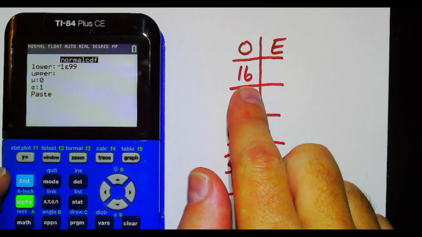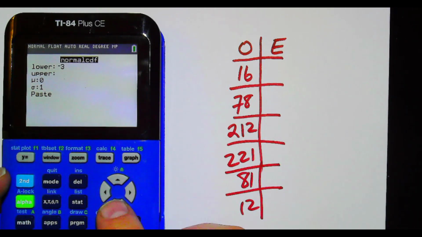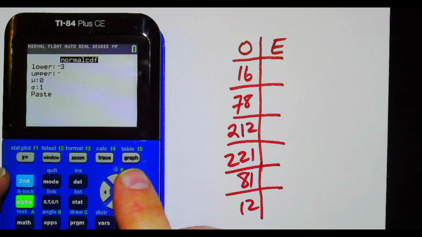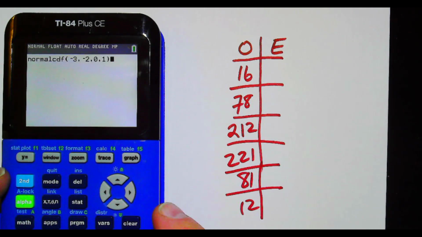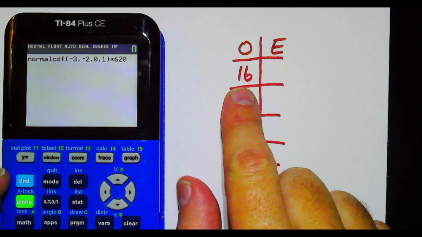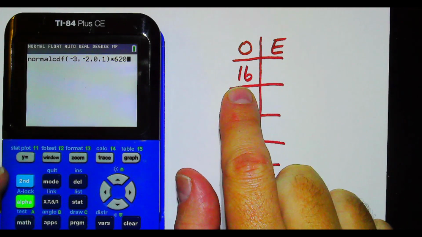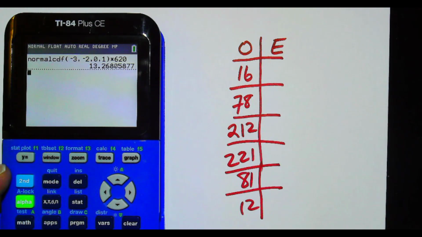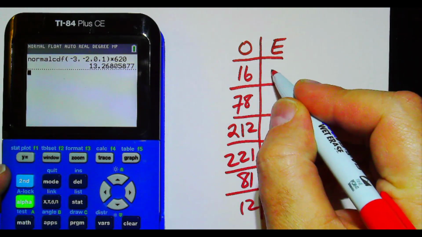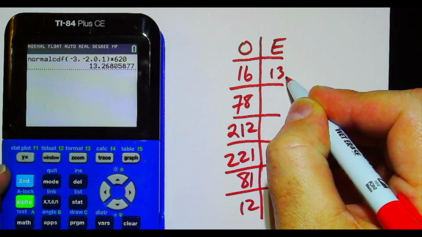The lower will be -3, and the upper will be -2 on the standard normal curve, so the mean of 0 and standard deviation 1. If we multiply by 620, that should give us the expected number of the 620 days that lie between 3 standard deviations and 2 standard deviations below the mean. And so we're getting 13.27.